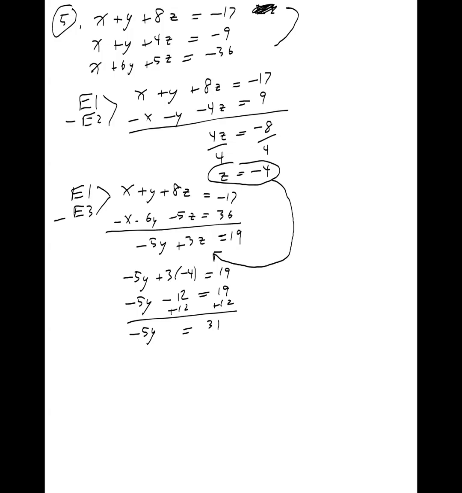Wow. -8 divided by 4 is actually equal to -2. So my fault, I did that wrong. So z actually equals -2. So this right here also needs to be changed in all of those steps. Because I was thinking to myself, 5 does not go into 31. So just remember that I'm not perfect.